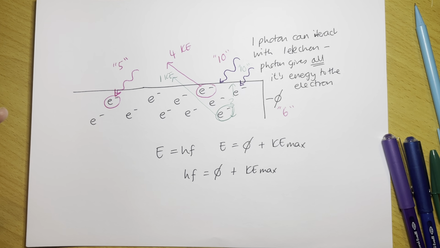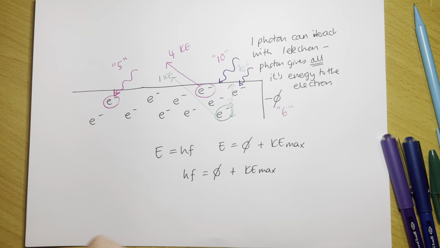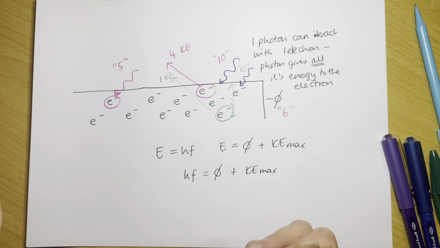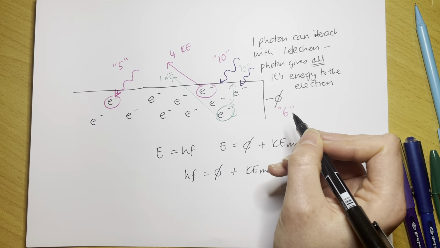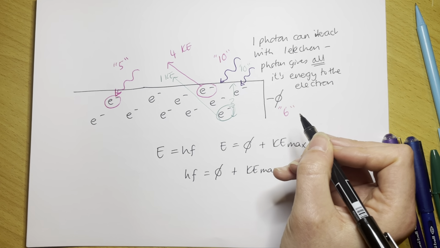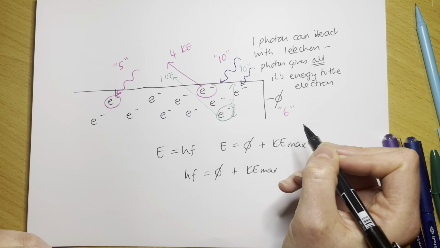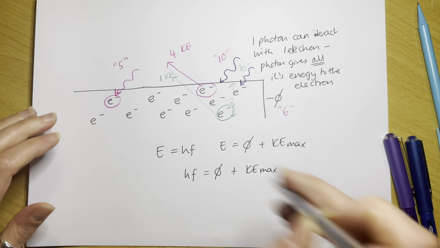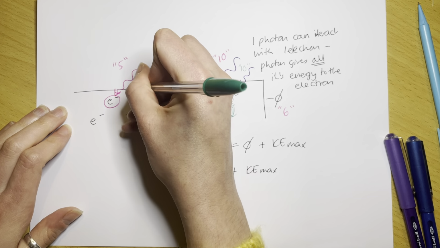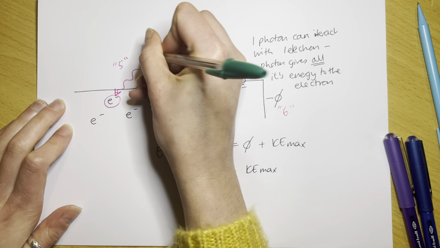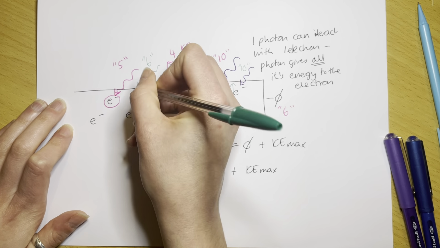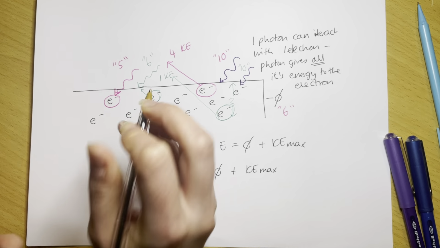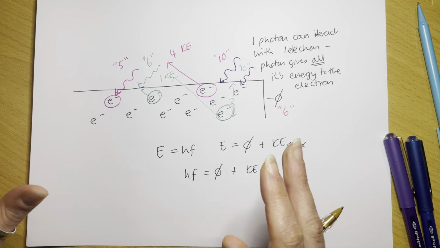Now, there's something clearly here about when this will start to work. If a photon has exactly the right amount of energy to let an electron escape, so let's say I had a photon of green light that had 6 units of energy here, then an electron that it hit at the surface would be able to just escape, but it would have no KE.